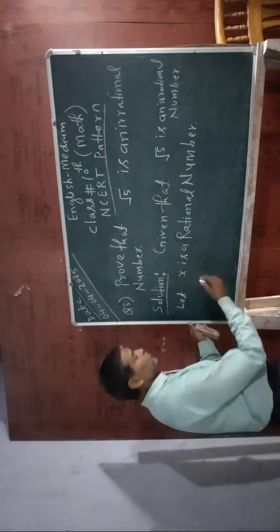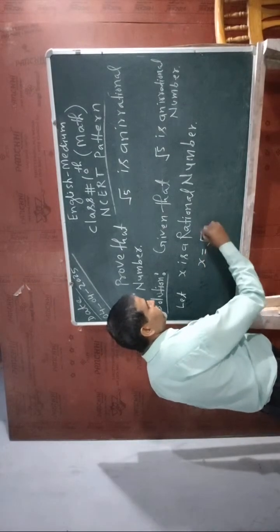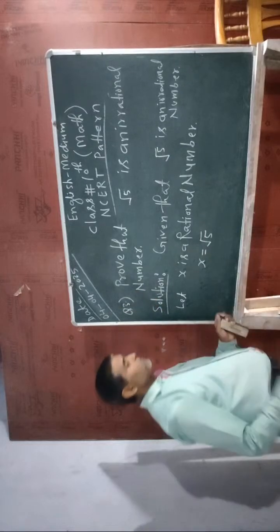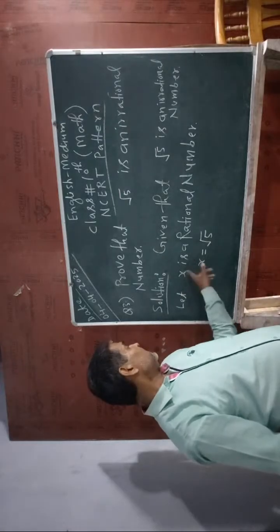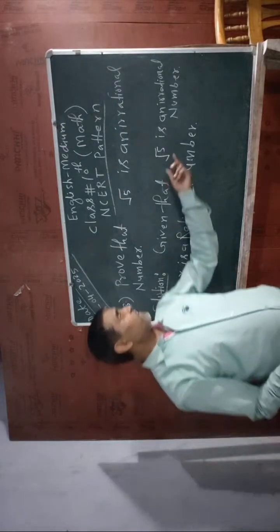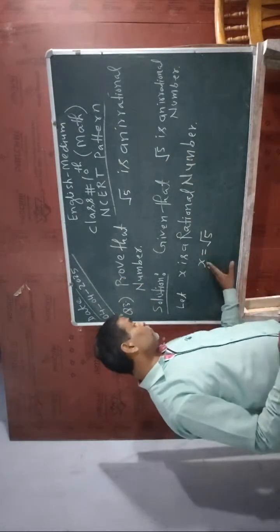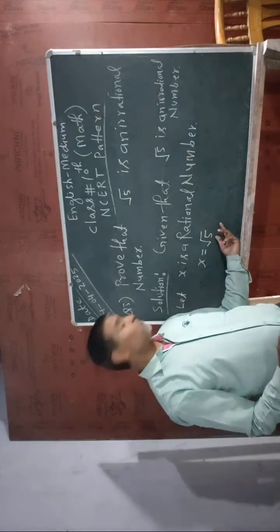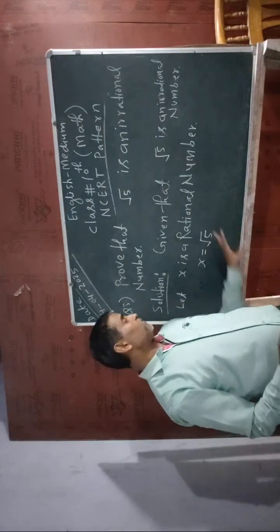So after assuming, you have to put x is equal to root 5. Now you have assumed x is a rational number, and what is given, you don't mind there. First of all, you put x is equal to the given information.